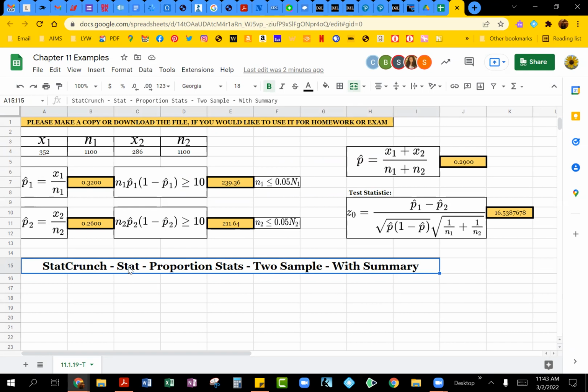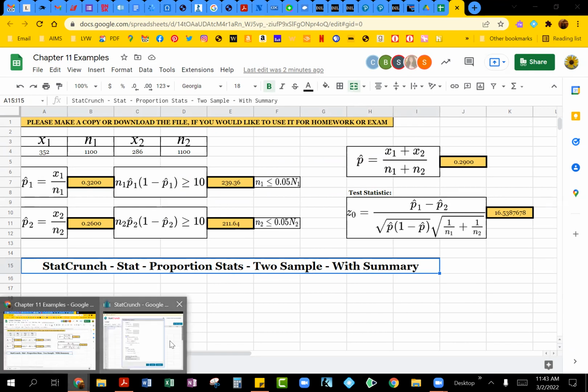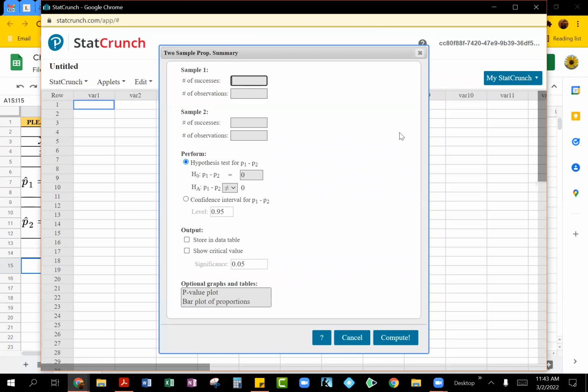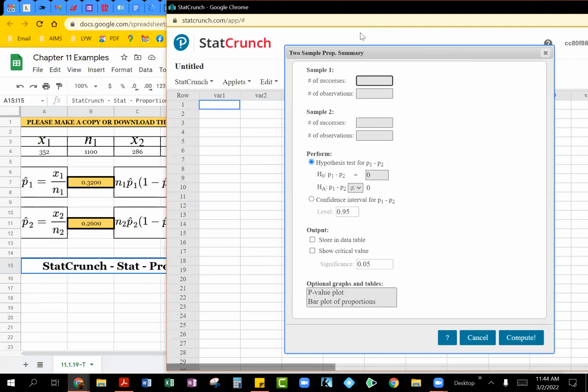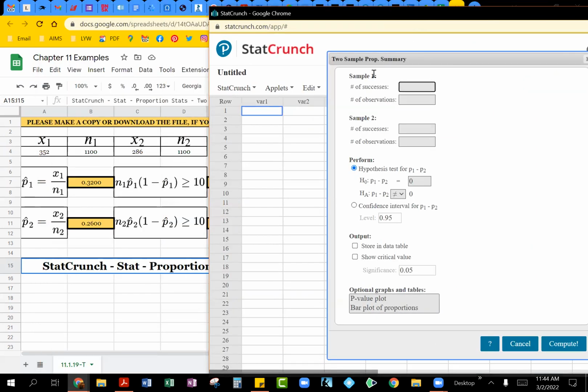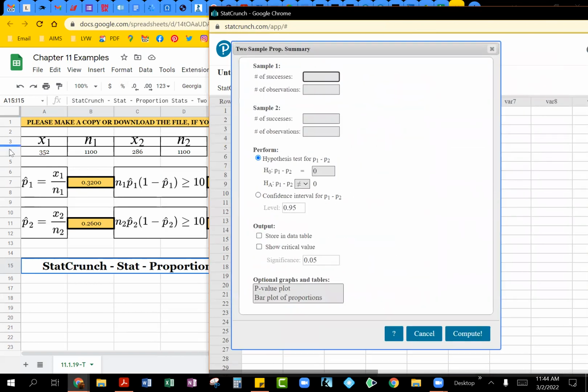So start with StatCrunch, stat, proportion stats, 2 samples, and then with summary, which will bring you to this page over here. So sample 1, and let me see if I can keep my little table over here. So you can see our X1 value was 352. So that's going to go with number of successes. Number of observations is, of course, the number of people in the survey, which was 1,100.